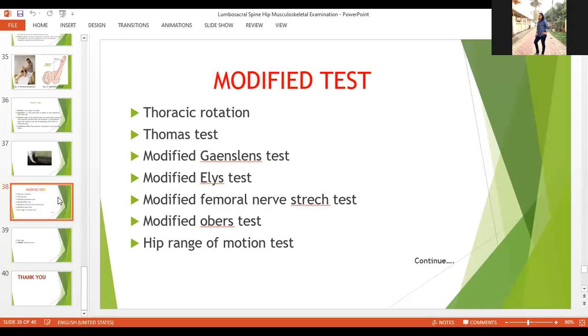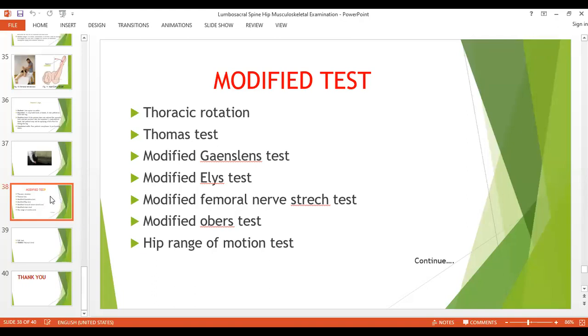So I'll finish up with these modified tests. First is the thoracic rotation. In this, how do you make the patient sit? The therapist will be behind the patient, and the patient will hold the arms across the chest.